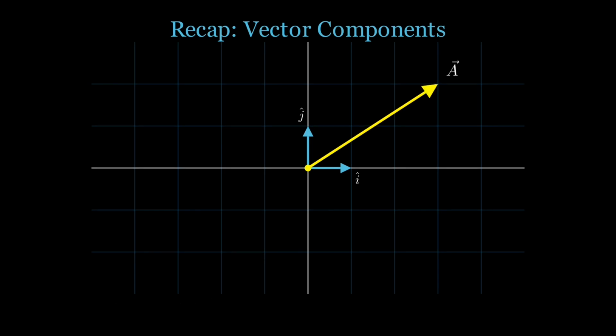Let's take an example. So here's a vector A, its magnitude is the square root of 13, and say it makes an angle of tan inverse 2/3 from the x-axis. So we can resolve this into its x and y components, Ax and Ay respectively. We would see that A goes 3 units along x and 2 units upwards along y.